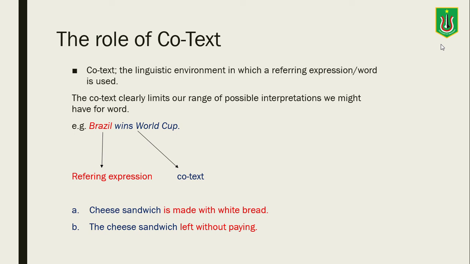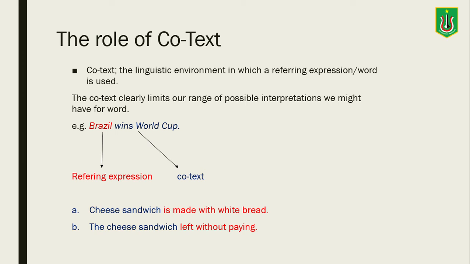Our ability to identify intended reference depends on more than our understanding of the referring expression. In the example here, "this sandwich is made with white bread" and "the cheese sandwich left without paying." The referring expression "cheese sandwich" provides a number of possible references.